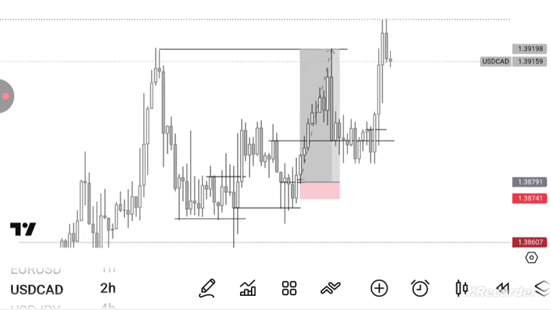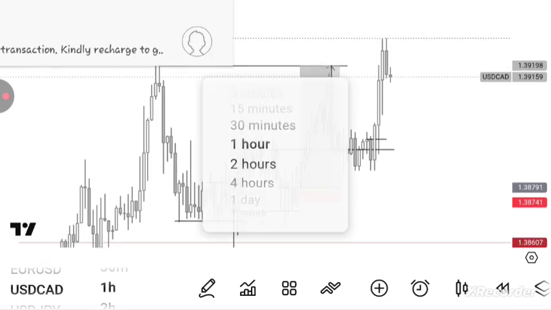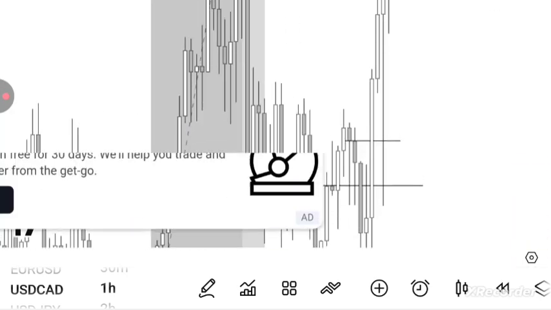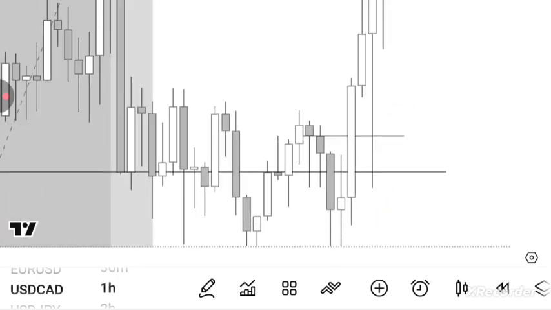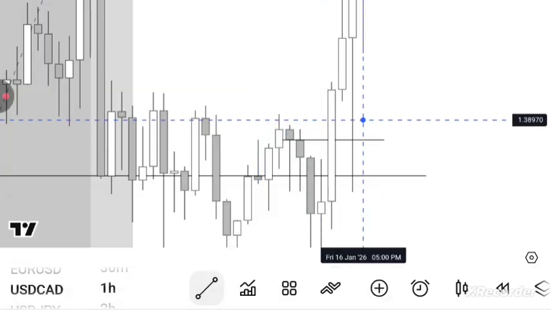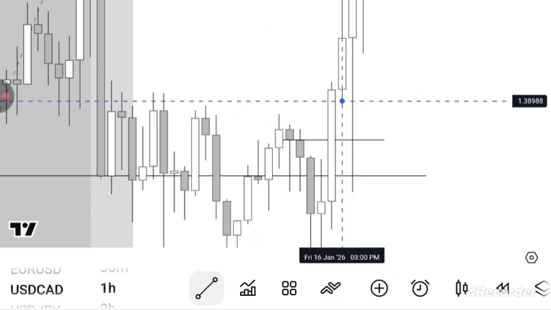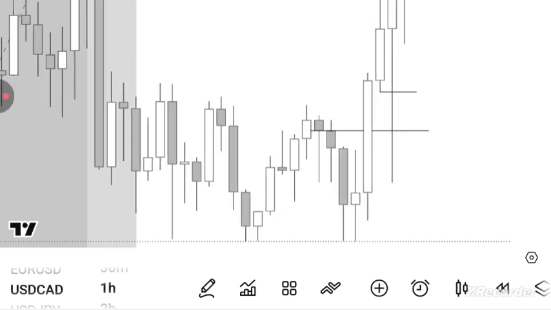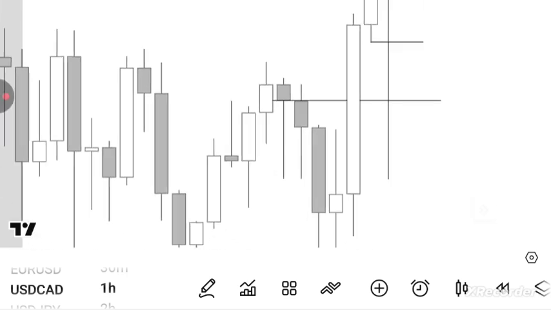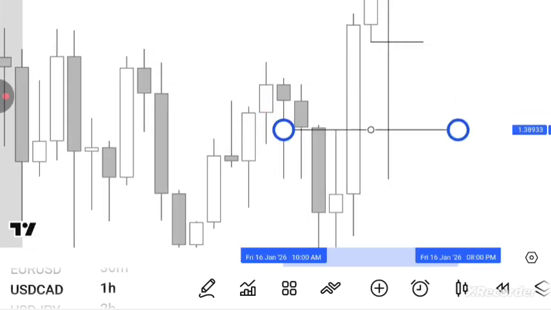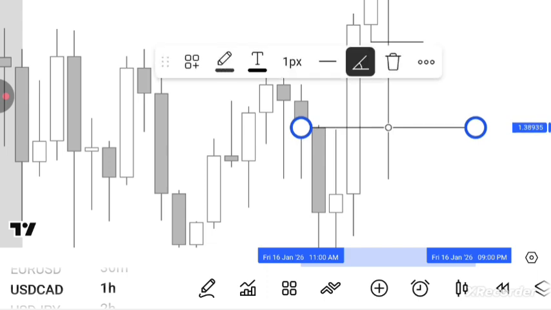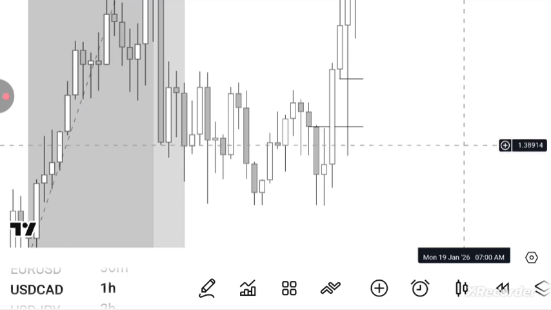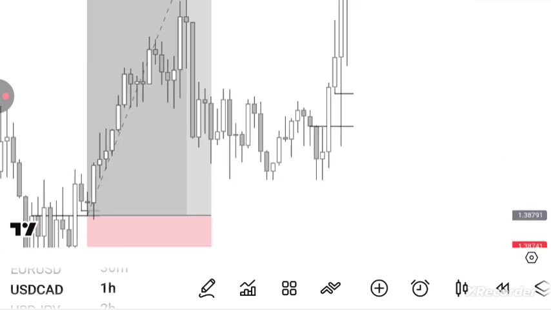Price came back and tapped into it, but we'll move one time frame lower to see what price did. If we refine this entry now, you see that price used this as a liquidity, right? Then it used this particular level. If we refine, this level is going to be this level. Price used this level, or even possibly this V-shaped key level also, but it's still fine.